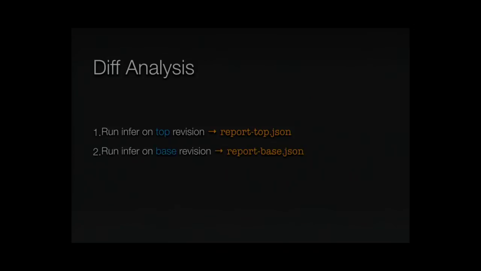And then we compute only the new bugs, the ones presumably introduced by the diff, and we report those. So we don't report all bugs, because as we saw, developers are not really interested in fixing those. And we report only new bugs, and this way this gives high signal to developers that they're responsible for this, they should fix it, or at least find a good story as to why it's not an issue.